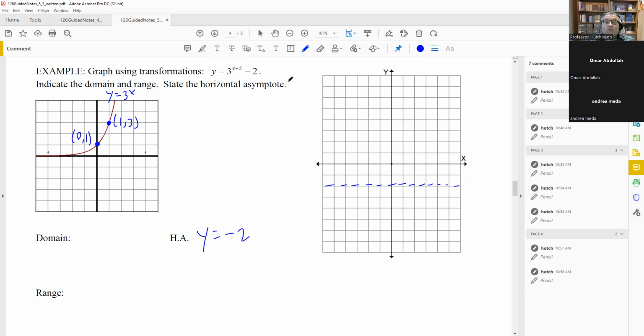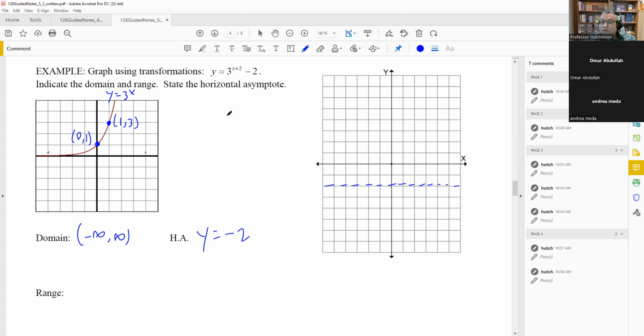That's always going to be the case. Whatever number is on the end here, that's automatically going to become your horizontal asymptote. And we can automatically put domain is negative infinity to positive infinity. It doesn't matter what it is. If it's in the exponential form like that, it's always going to be negative infinity to positive infinity. Okay. And we have the y equals -2, so we have that.